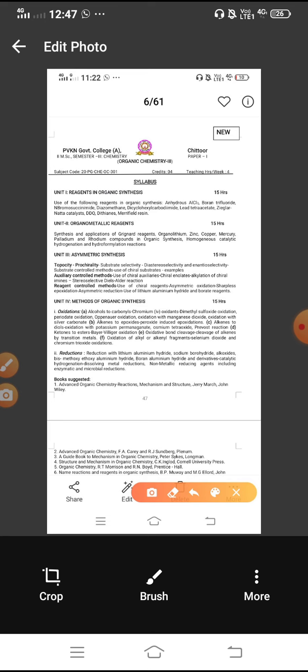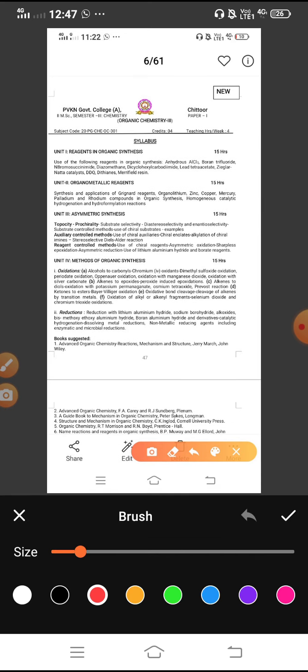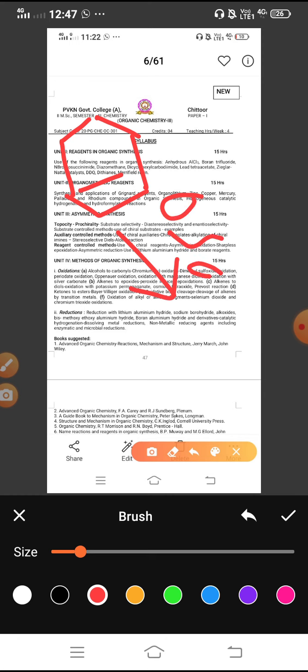So the next one is conversion of olefins into diols. For example, this is cyclohexene using OsO4, osmium tetroxide. So olefins are converted into diols. Diols means containing two OH groups.